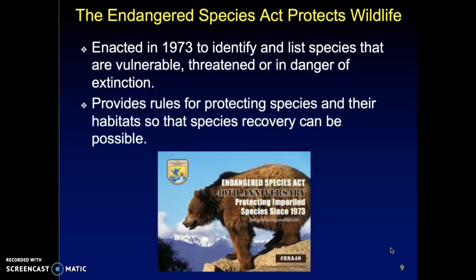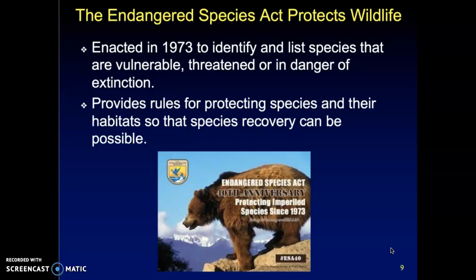The Endangered Species Act is a US-based act for us. So we're going to go, okay, can we make sure these species are protected and also their habitat, so that way we can get them off of this endangered species list? They're no longer threatened with extinction. They're no longer considered a vulnerable species. And there's plenty of them out there.